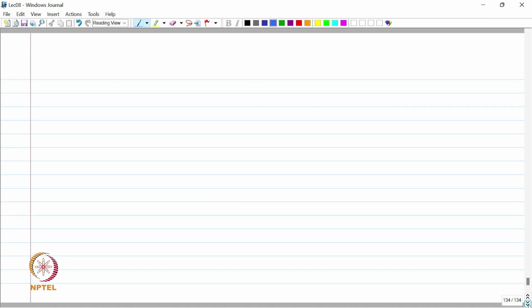So let's discuss that linear voltage amplifier. These linear voltage amplifiers are nothing but the common emitter amplifiers, which is a very well known configuration.